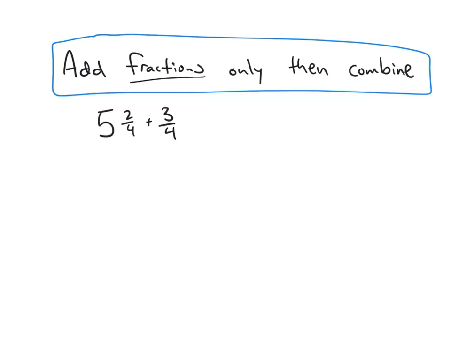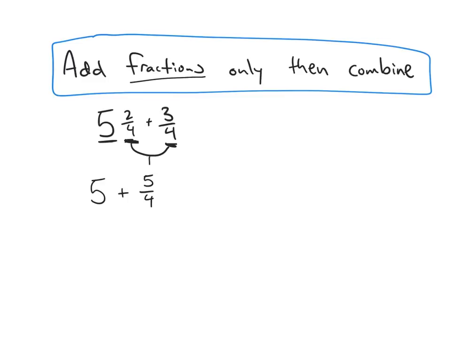The first thing I'm going to do is add 2/4 and 3/4 together. So in my head, I'm separating 2/4 from the 5 wholes. If I combine the 2/4 and 3/4 together, I know that's going to equal 5/4. So what I have now is 5 wholes plus 5/4.